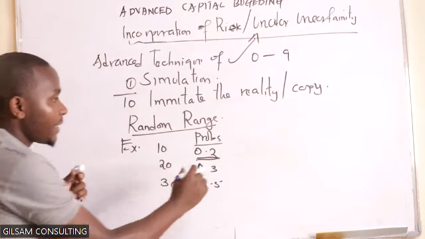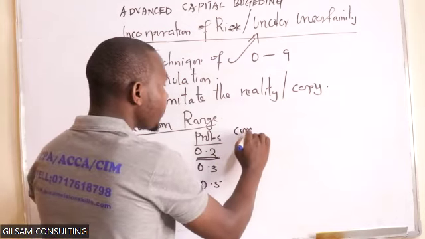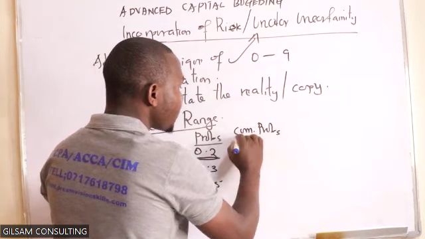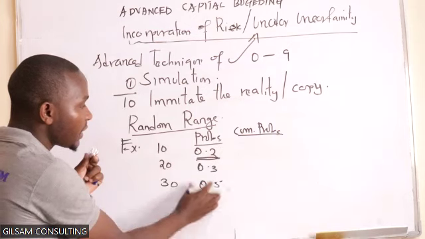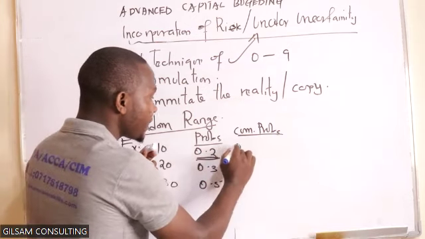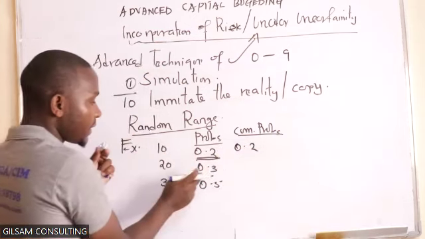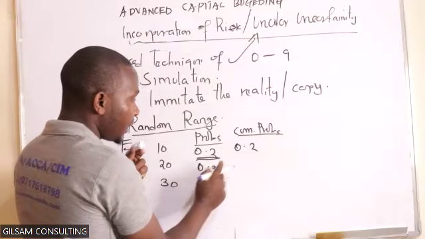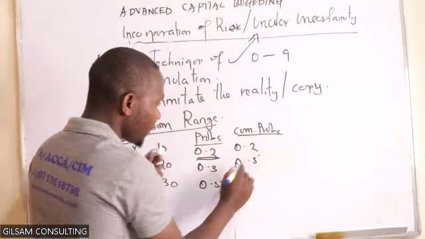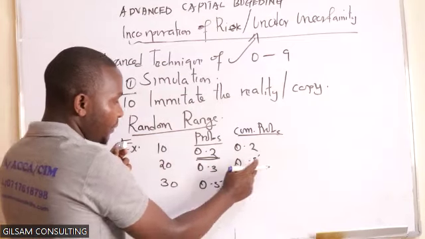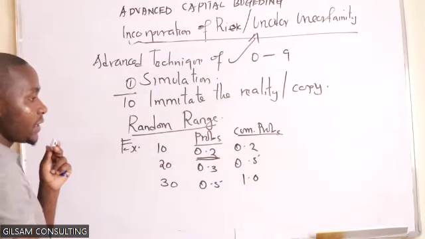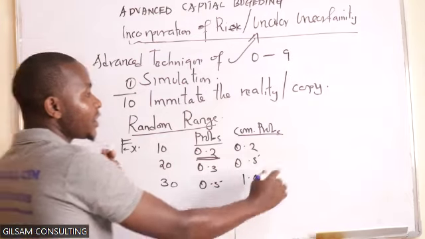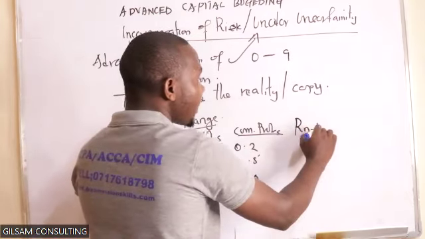First get the cumulative probabilities. The first one remains the same, 0.2, and then 0.2 plus 0.3 gives 0.5, and 0.5 plus 0.5 gives 1. These are the cumulative probabilities. From this cumulative, we get the random range numbers.